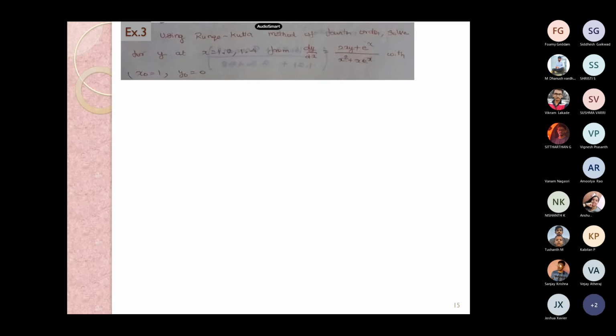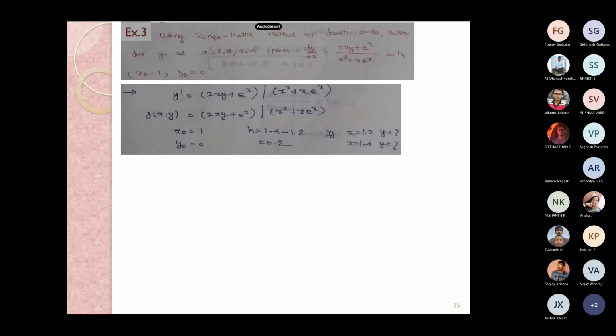And this is it: using the Runge-Kutta method of fourth order, solve for y at x equal to 1.2 and 1.4, from dy by dx equal to 2xy plus e power x divided by x square plus x e power x, with x naught and y naught as 1 and 0. What we need to do is begin with the initial condition and find the interval.